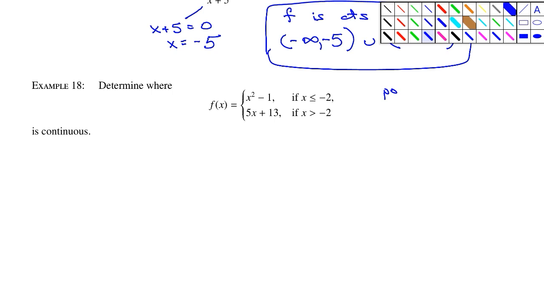Polynomials are where you have x squareds, x cubes, x to the fourth, things like this, but no fractions where you have x's in the denominator, no square roots with x's under there, anything like that. Just straight across, positive integer powers, right? And the rule is that polynomials are continuous everywhere.